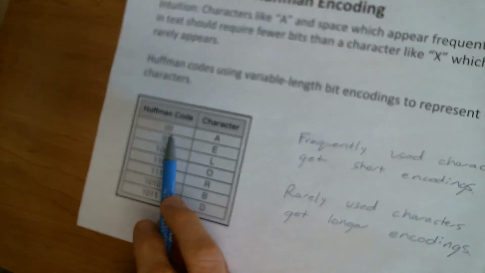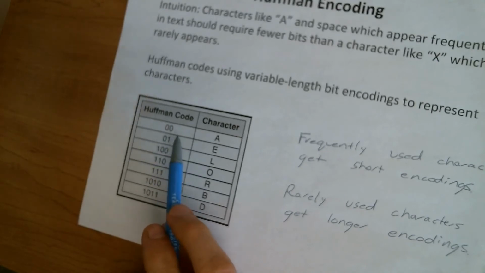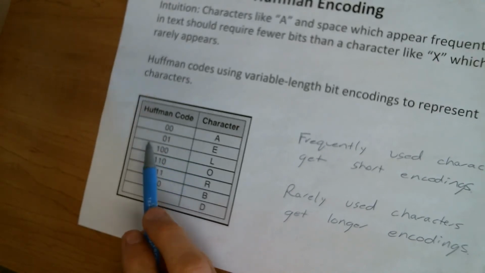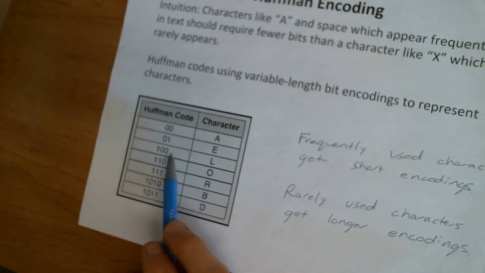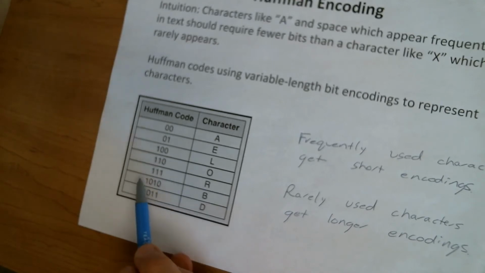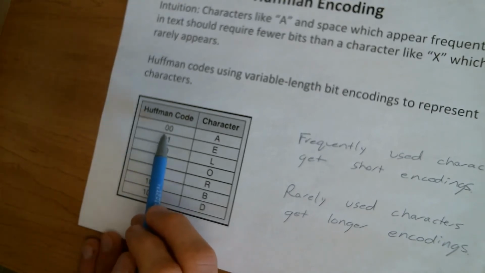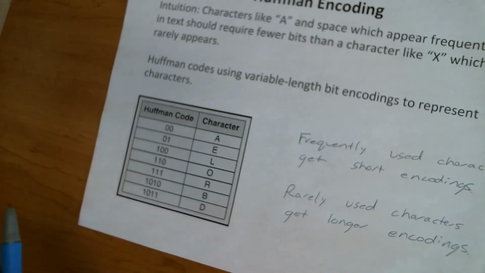So, for example, A might get the Huffman code 00, where then E gets 01, L is 100, O is 110, R is 111, B 1010, and D 1011. And what you'll notice about this is that the codes are generated in a very specific way, so that there can never be ambiguity about what code you're dealing with.